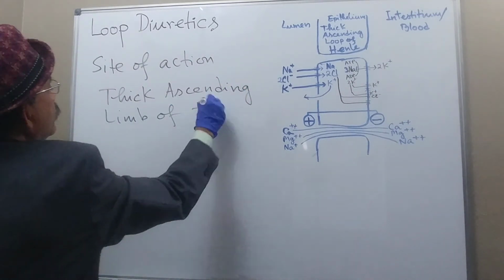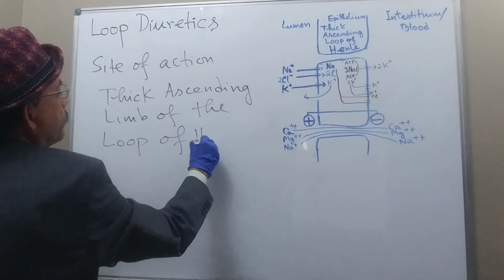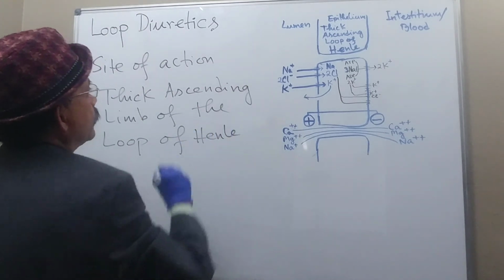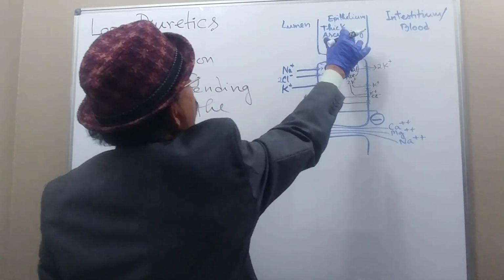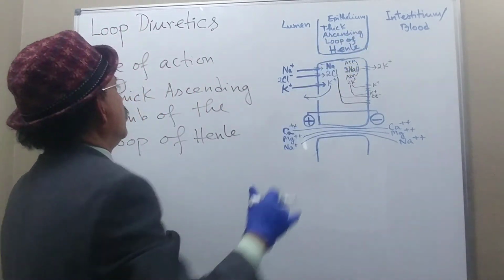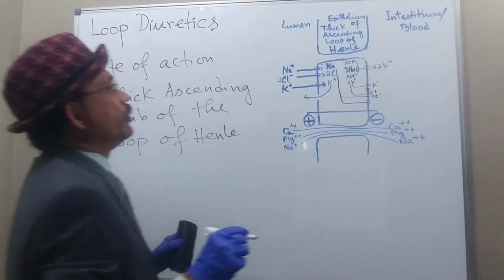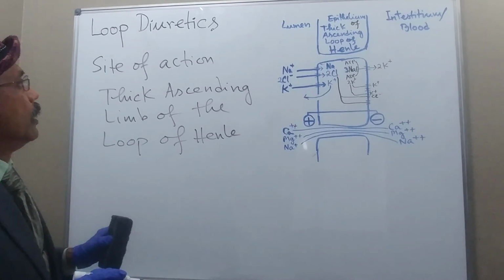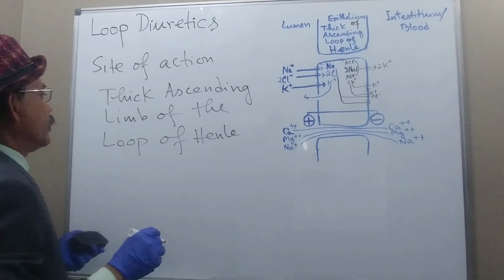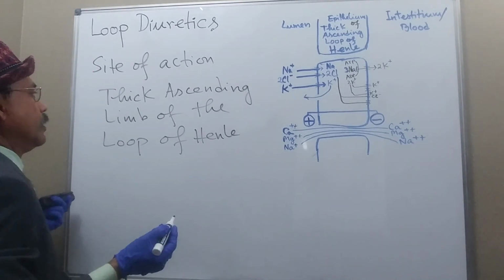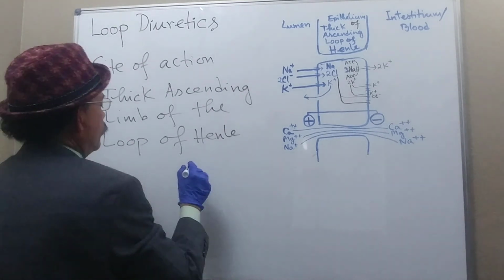This is the epithelial cell of the ascending limb of the loop of Henle, the epithelium of the thick ascending limb of the loop of Henle. Okay, very good, we got that.